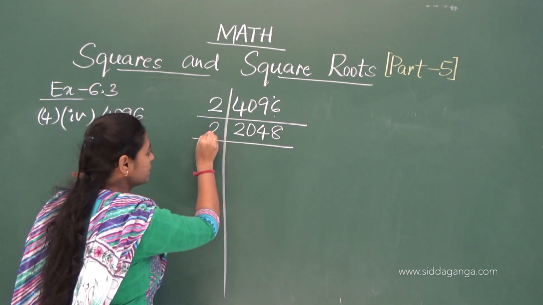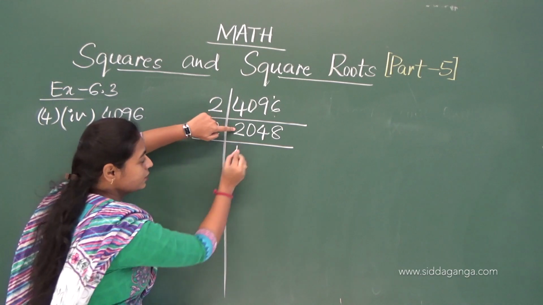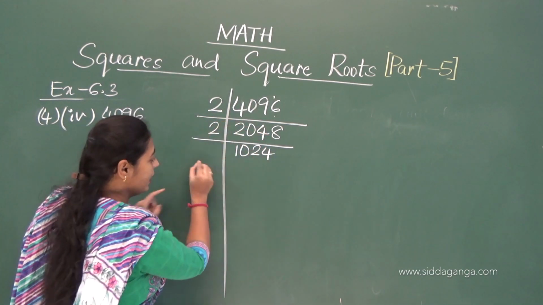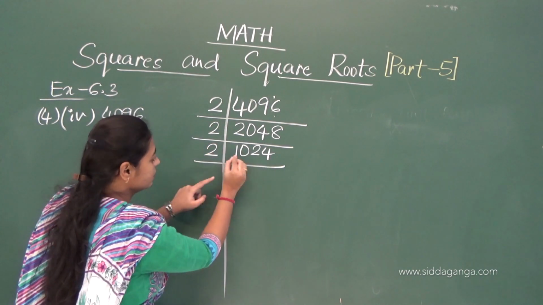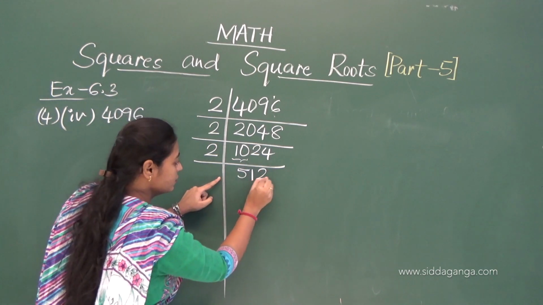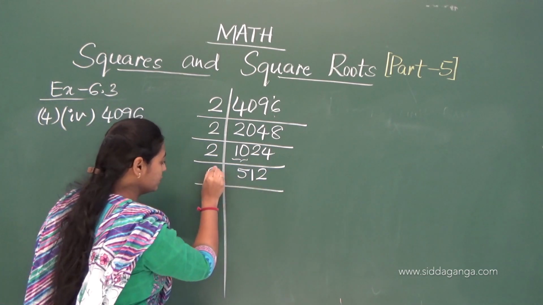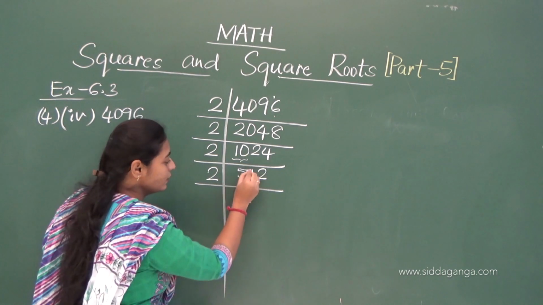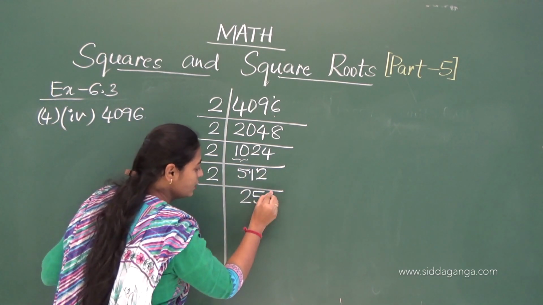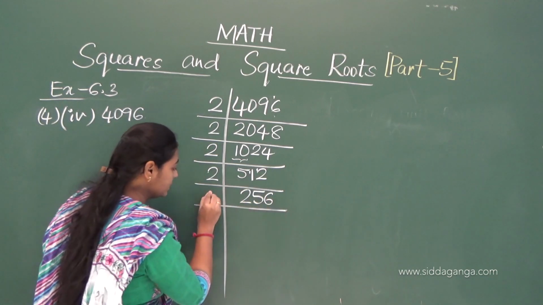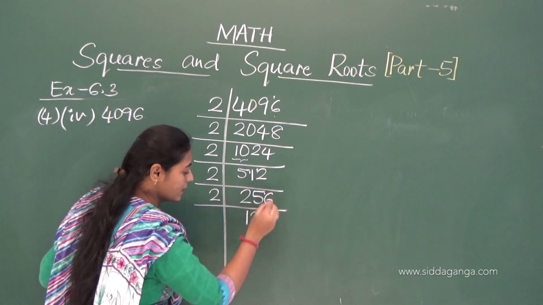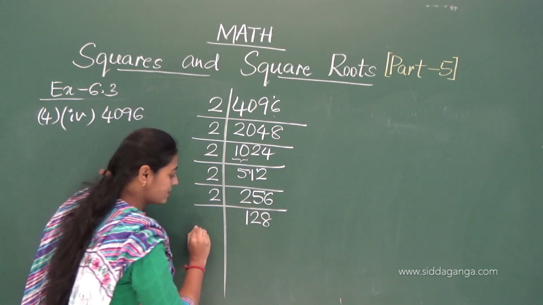Again 2, 2 1s are 2, 0, 2 2s are 4 and 2 4s are 8. Again 2, 2 5s are 10, 2 1s are 2, 2 2s are 4. Again 2, 2 2s are 4, 1 it becomes 11, 2 5s are 10, 1 it becomes 12, 2 6s are 12. Again 2, 2 1s are 2, 2 2s are 4, 16, 2 8s are 16.